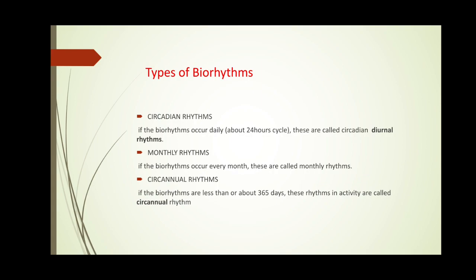For example, animals like honeybees and pigeons are most active during the daylight, hence they are called diurnal animals. On the other hand, animals like owls, bats, and pigs are most active during the night, thus they are called nocturnal animals.